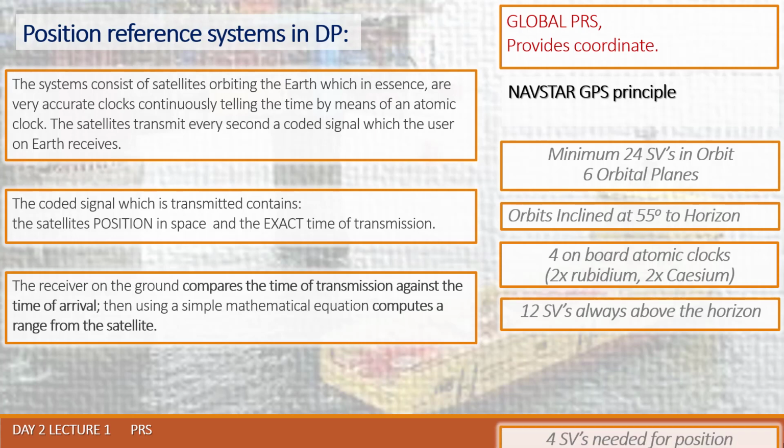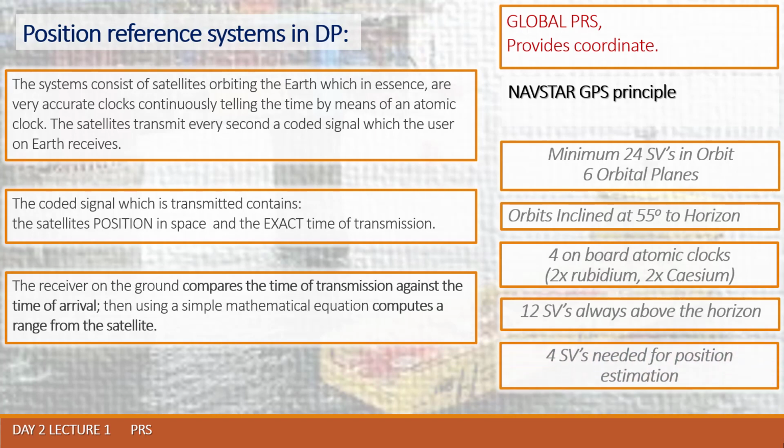These are the main statements connected with global position equipment. And right now we just discussed the Navstar system known as GPS, the commonly used worldwide system which first appeared on the market.